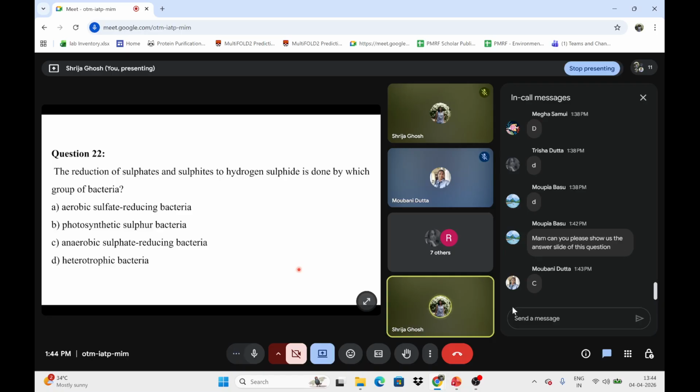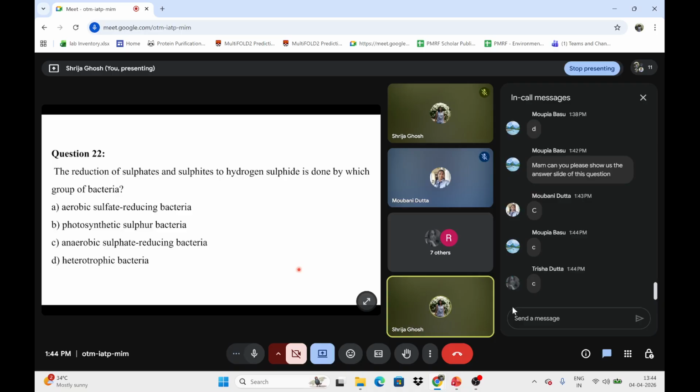Aerobic sulfate reducing bacteria, photosynthetic sulfur bacteria, anaerobic sulfate reducing bacteria, heterotrophic bacteria. I have two answers in the chat box. Anyone else want to write the answer?